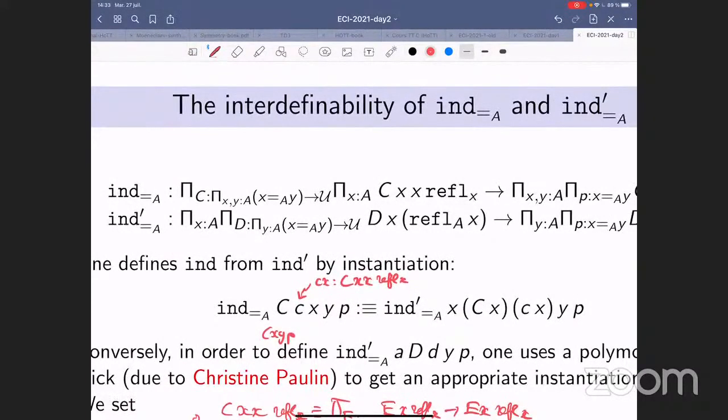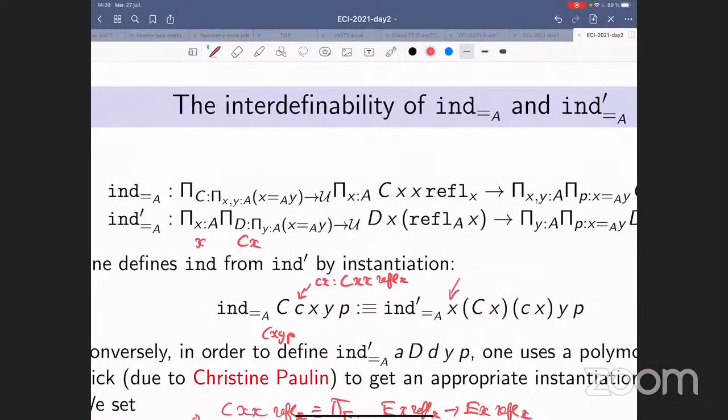In J prime we will first need to fix some element of A. So we pick X. That's the first argument here. We put an X here. So I apply here to some X. And then I need to find a family that depends only on Y and P. Well, the family C x is a very good candidate, because C applied to X has fixed X, and this is precisely of the type we need.